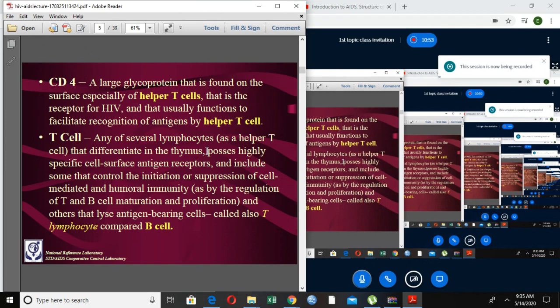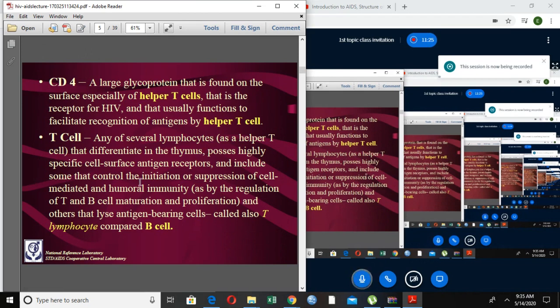I want you to differentiate the two. Cellular immunity normally recognizes antigen inside the cell. Humoral immunity is when the T cell recognizes antigens that are outside the cell. I hope you're following now. Cellular immunity works hand in hand with humoral, but cellular recognizes antigen inside, while humoral is recognition of antigen outside the cell.